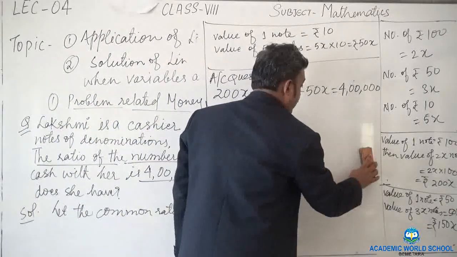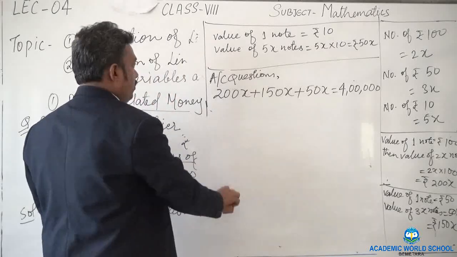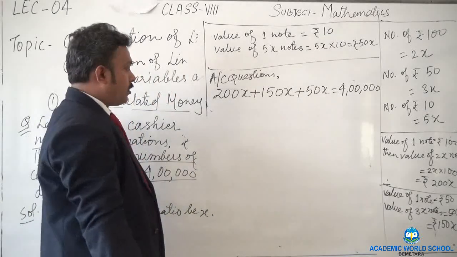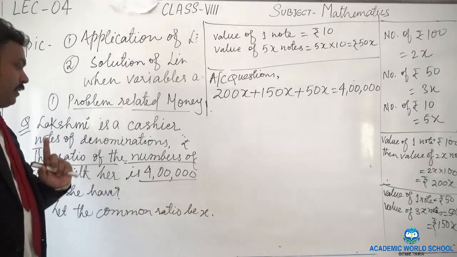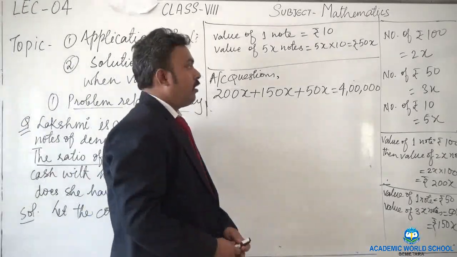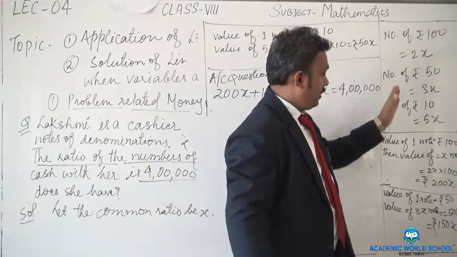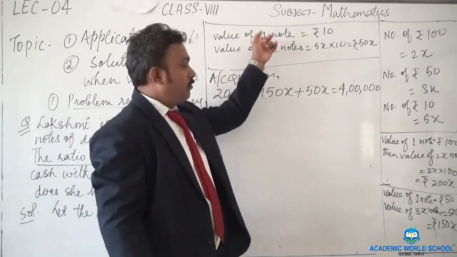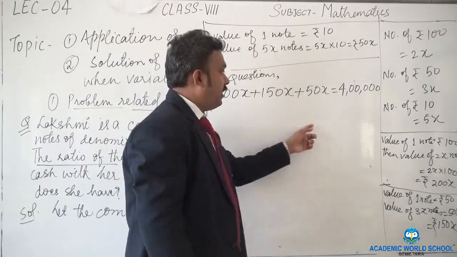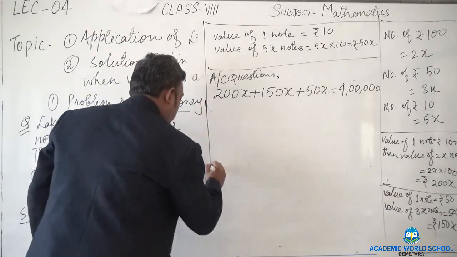We got the equation, right? First we read the question. Then we put the unknown, the ratio x. Then we formed the mathematical statement, and now we converted this mathematical statement into an equation. Now we will solve this equation.